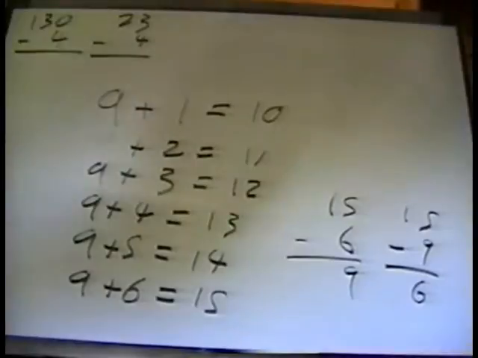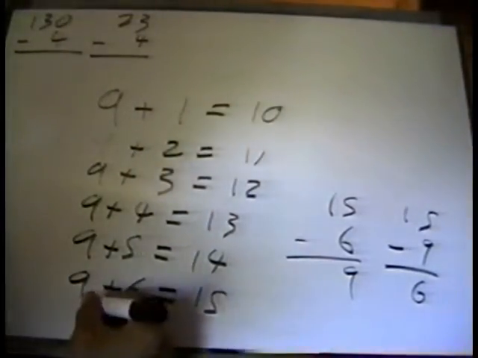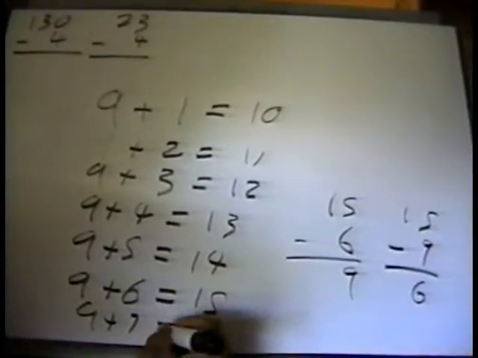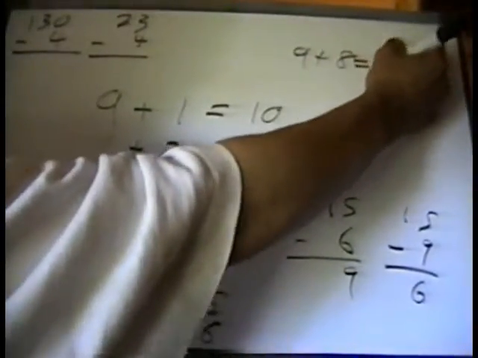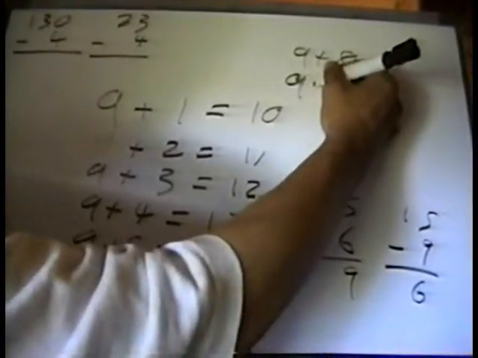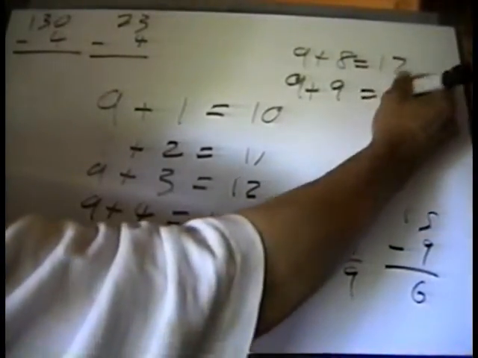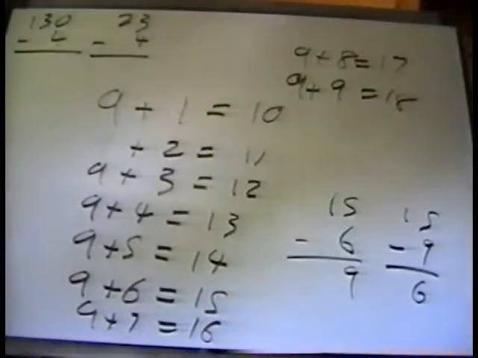You know that's 9. You already know that. Or if you have 15 minus 9, you know that's 6. Okay? 9 plus 7 equals 16. 9 plus 8 equals 17. 9 plus 9 equals 18.